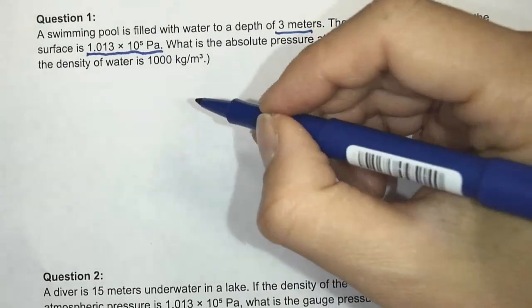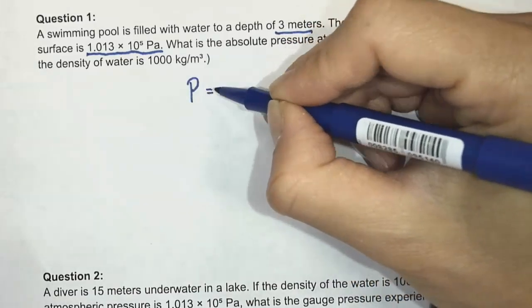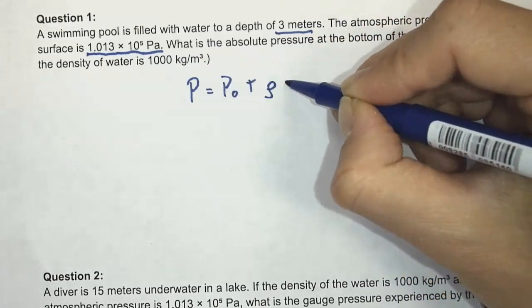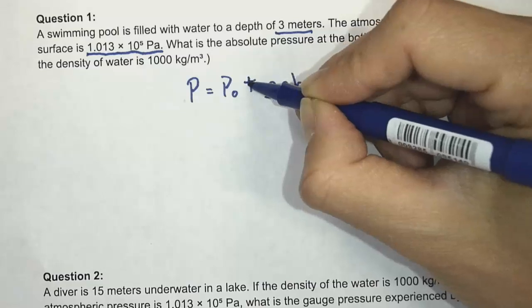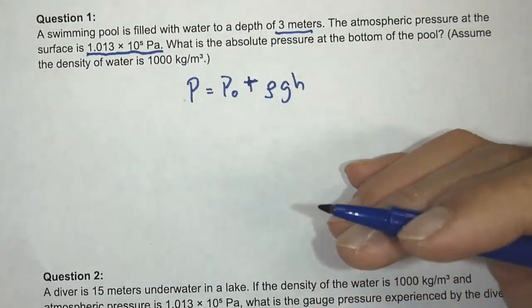All right, so we're going to solve for the absolute pressure. So P equals P naught plus rho GH. So we're taking into consideration not just the water, but also the air above the water as well.